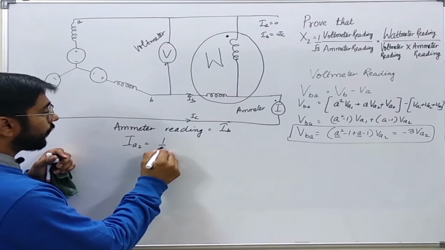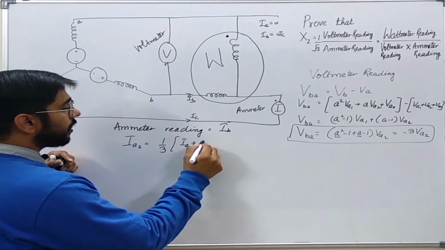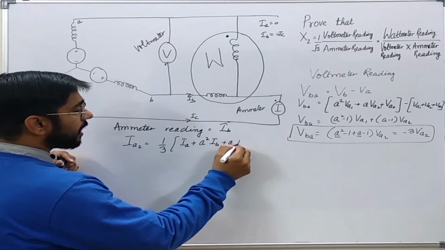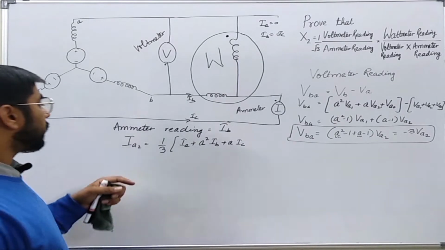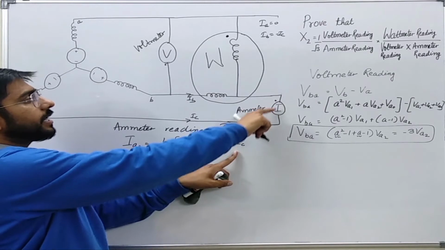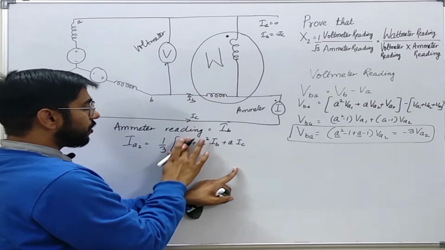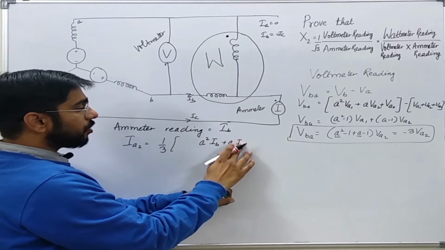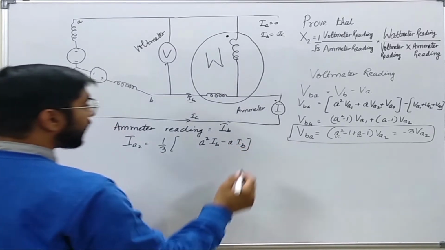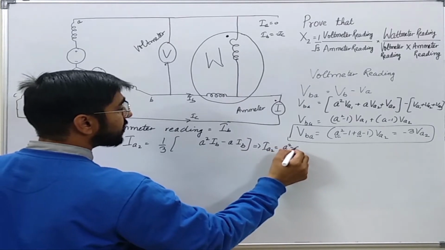It is equal to 1 by 3 (IA plus a IB plus a square IB plus a IC)... more precisely, 1 by 3 (IA plus a IB plus a square IC). Now IB is equal to minus IC. From this circuit we can clearly see that IB is equal to minus IC and IA is equal to 0. So IC is equal to minus IB. So we can clearly see that IA2 is equal to (a square minus a) IB.